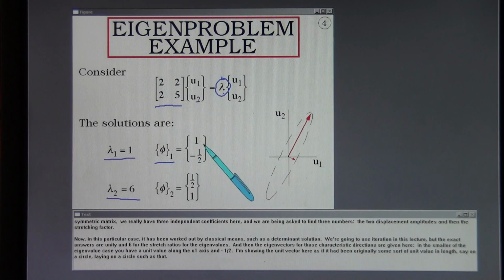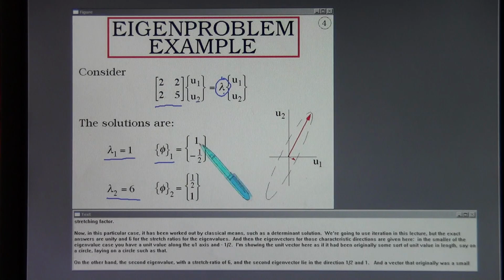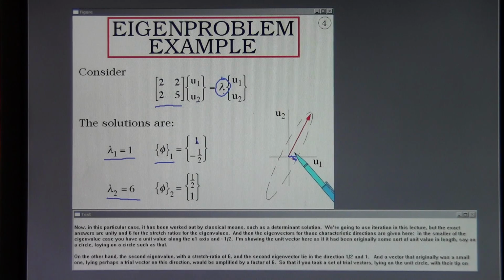In the smaller of the eigenvalue case, you have a unit value along the u1 axis and then minus 1/2. I'm showing the unit vector here as if it had been originally some sort of unit value in length, let's just say on a circle, lying on a circle such as that.